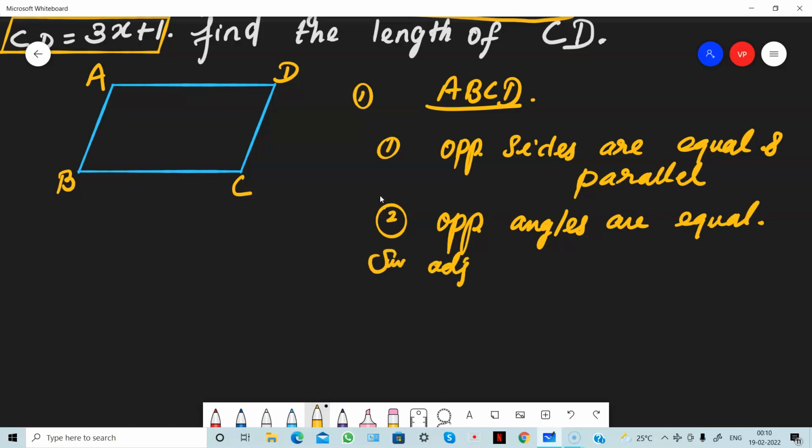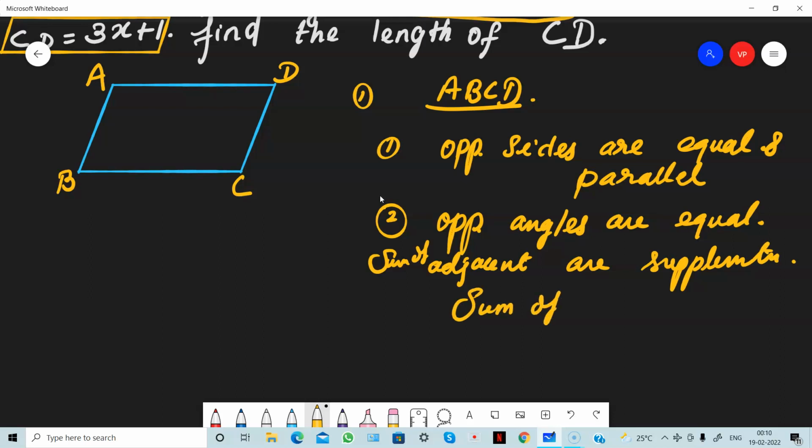The sum of adjacent angles is supplementary, or you can write 180 degrees. So you can take this as a third property also.